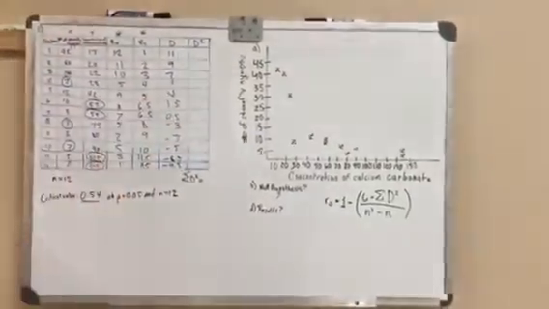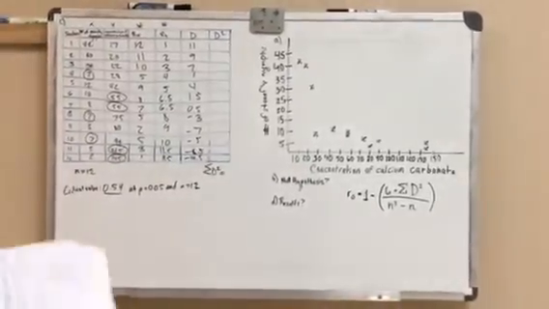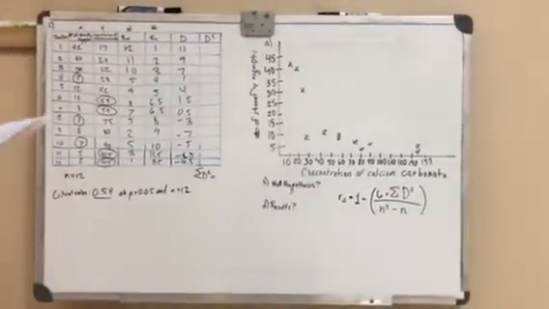So now we're going to square each of these numbers to get rid of any negative numbers.